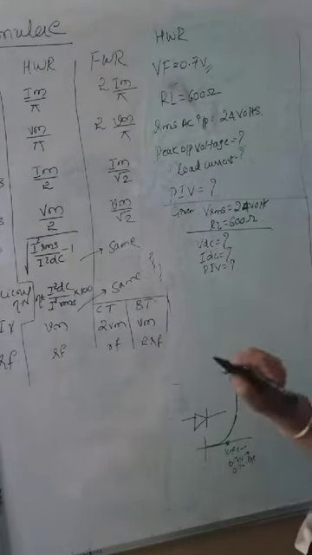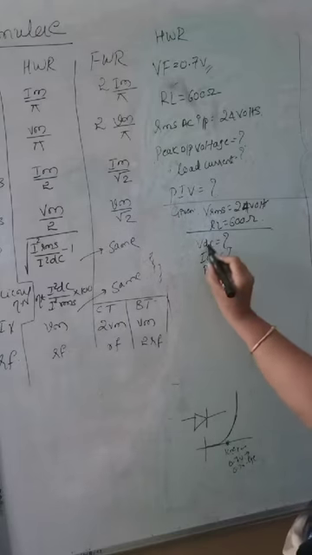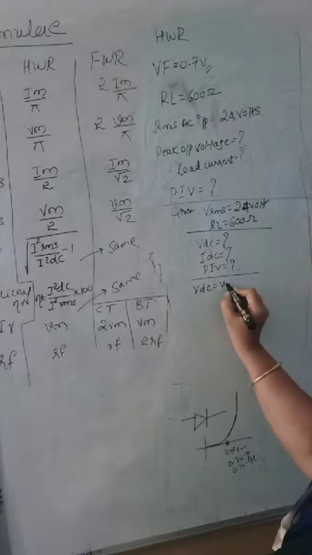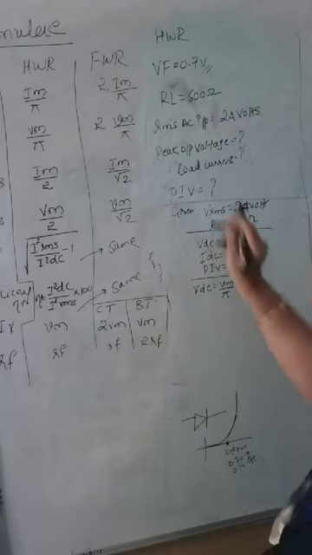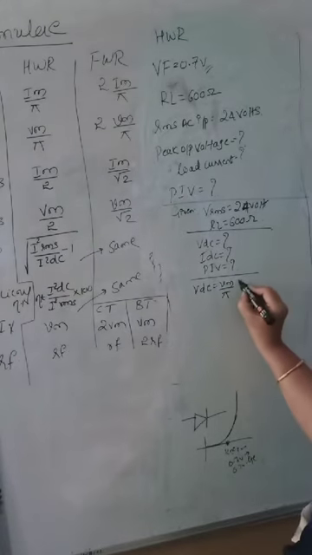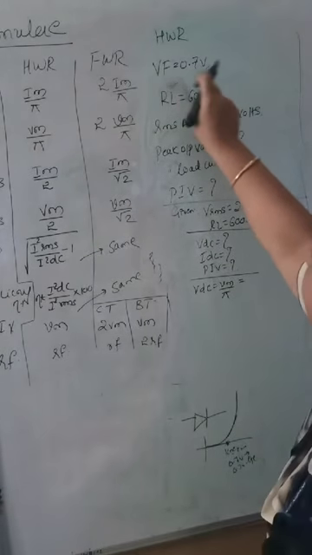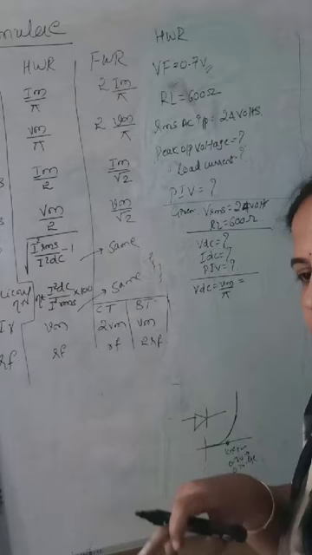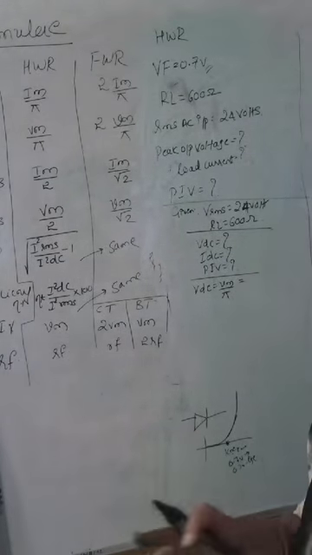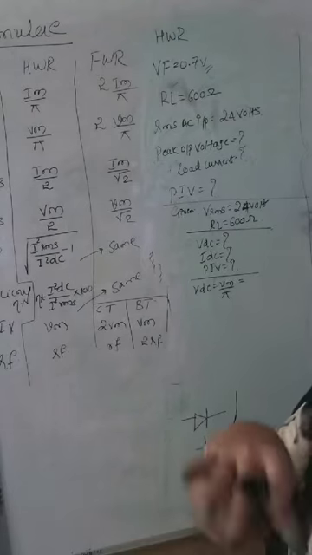First, the formula for VDC for a half wave rectifier is VDC equal to Vm by pi. As the knee voltage is given here, though the maximum voltage applied to the diode is Vm, it will not be conducting for the complete Vm.